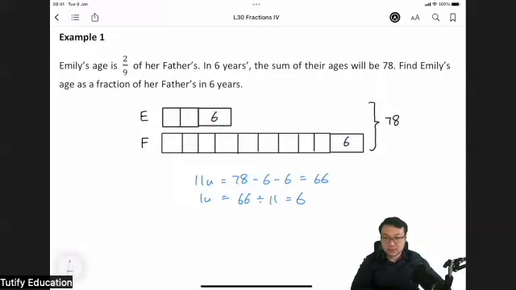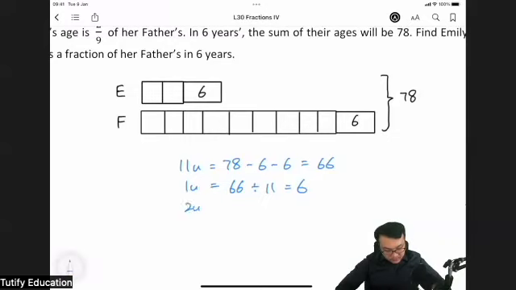Got it. So the question is asking you, find Emily's age as a fraction of her father's age in 6 years. Okay, let's find 2 units. Or let's straight away find Emily. Emily equals to 2 units plus what?